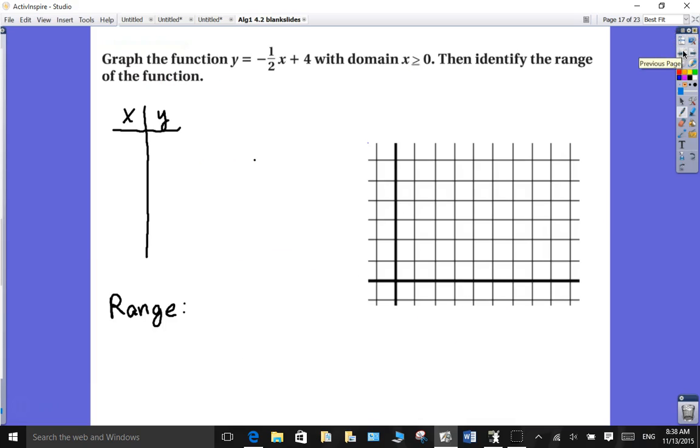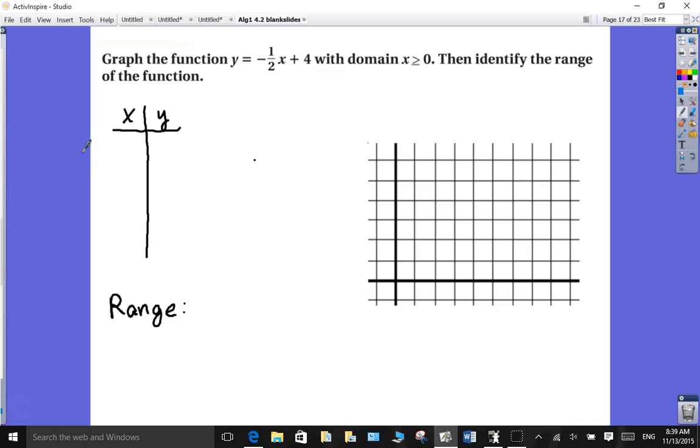So it says graph the function negative 1/2 x plus 4 with a domain of x greater than or equal to 0. Okay, so this is the first time we're seeing that. When they give us an equation, they're actually giving us a domain to use. So now we can't choose any x values. We have to choose x values that are in the domain.